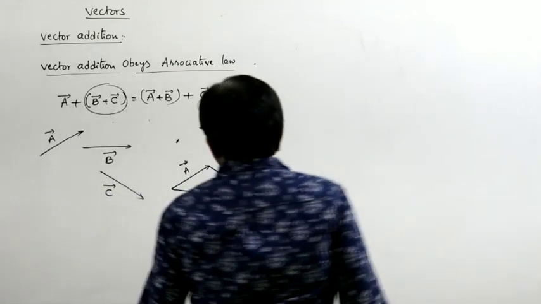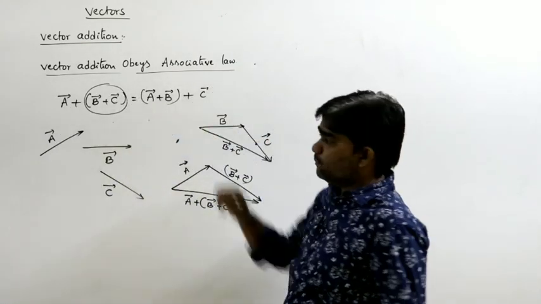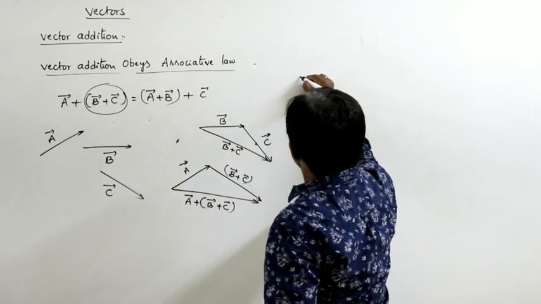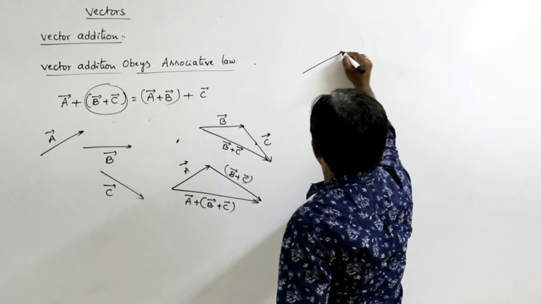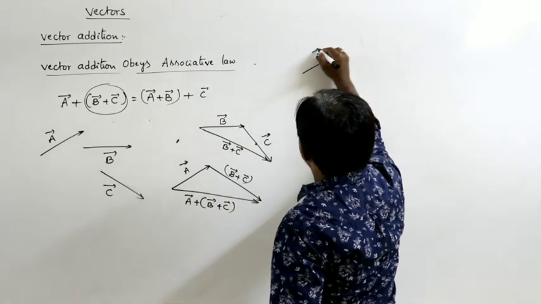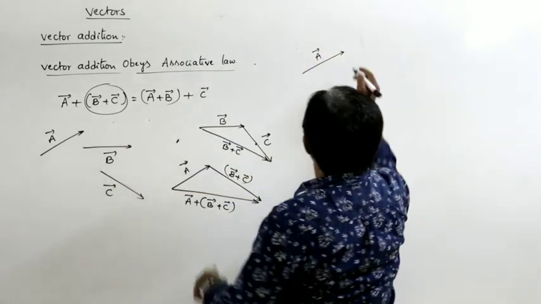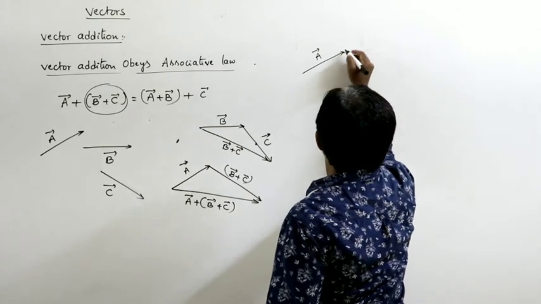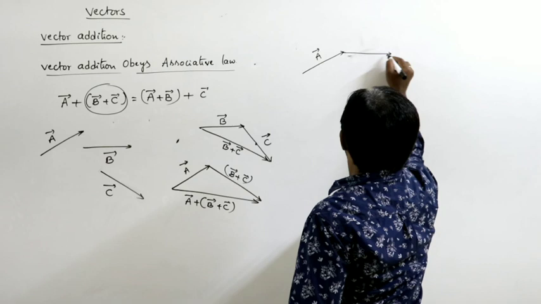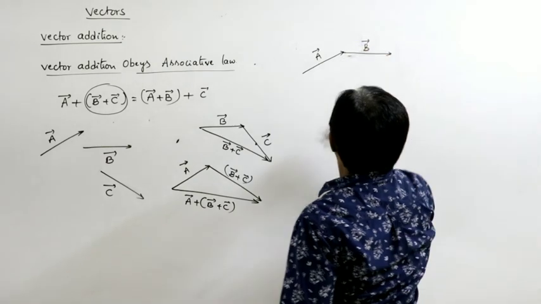Next, what we can do? First we have to do a plus b. This is the direction of a bar, and this is the direction of b bar.